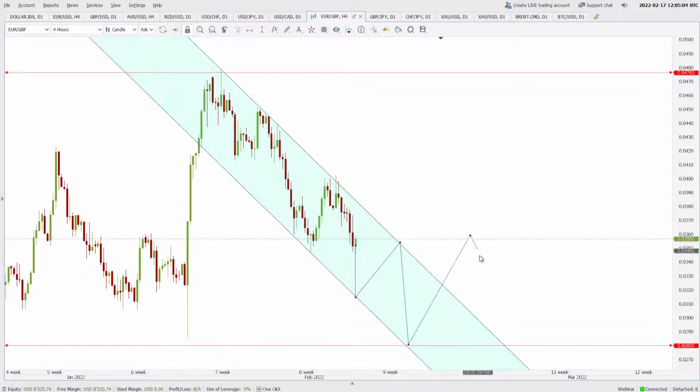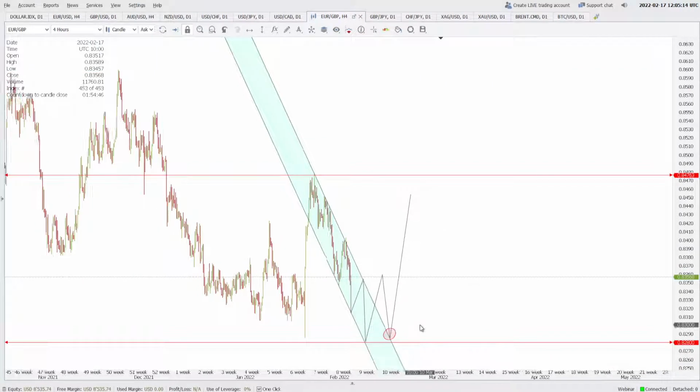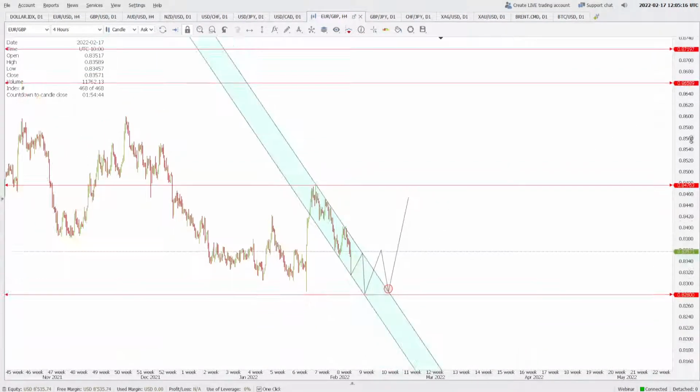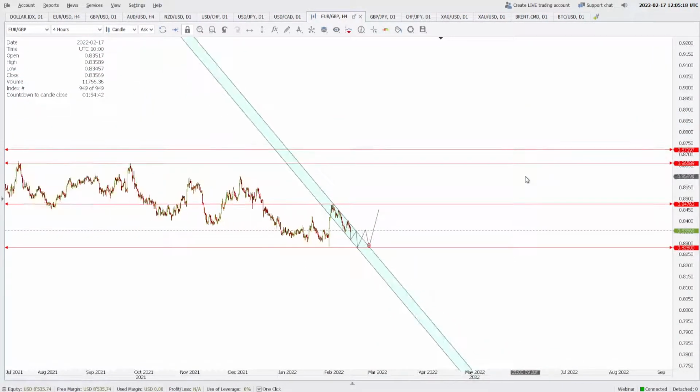When you see that it breaks to the upside, you look for a buying opportunity at the retest of that break like this, and keep a stop loss below 0.8280, which is a very good support, and then look for the targets to the higher side, which is a lot of target because there's almost 1000 pips of movement possible to the upside. I hope that explains everything.